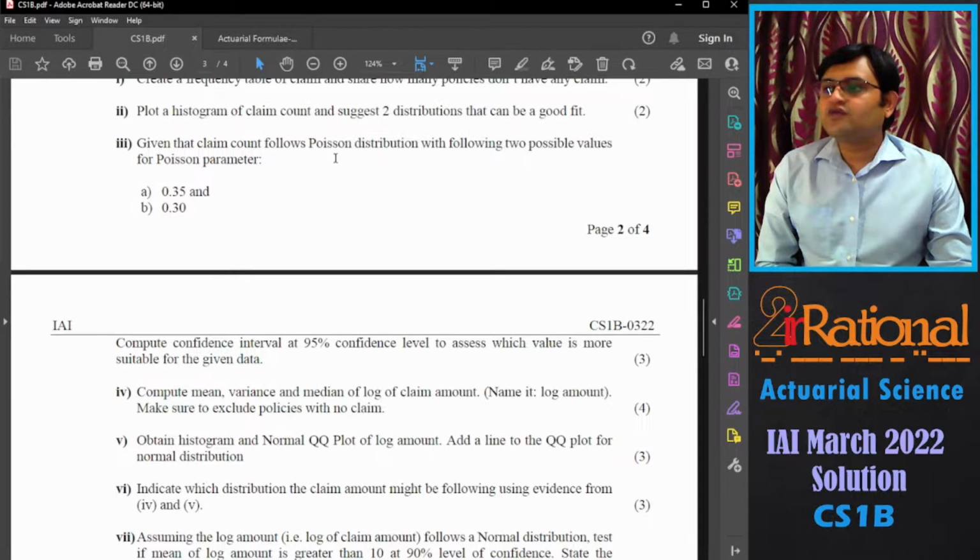Given that claim count follows Poisson distribution with the following 2 possible values of Poisson parameter, 0.35 and 0.3, compute the confidence interval at 95% confidence level to assess which value is more suitable for the given data.